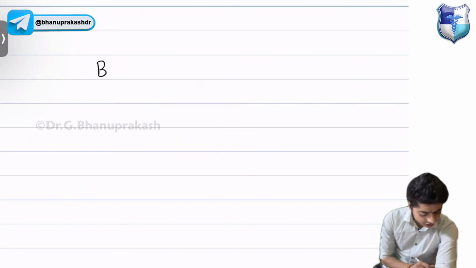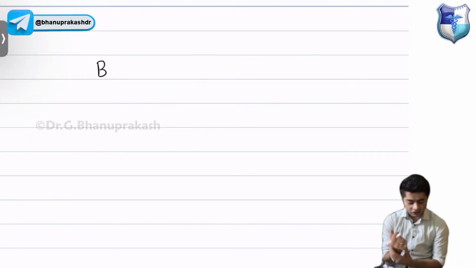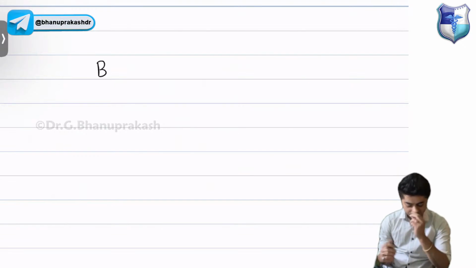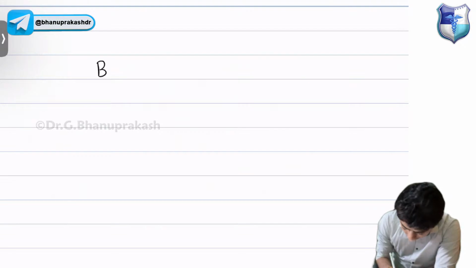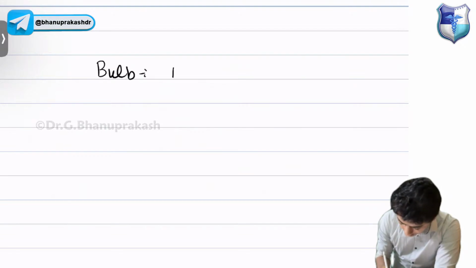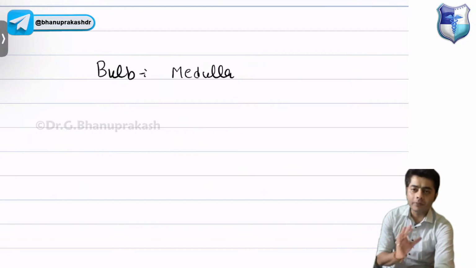Today we will also discuss your doubt from last time on multiple sclerosis and small vessel disease in this class. So, bulb means your medulla.